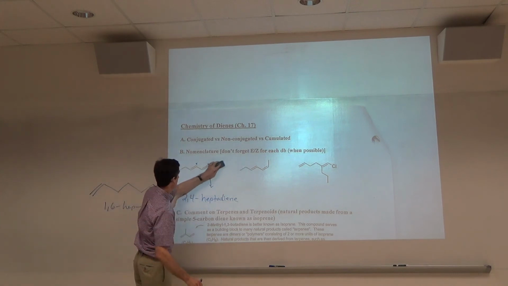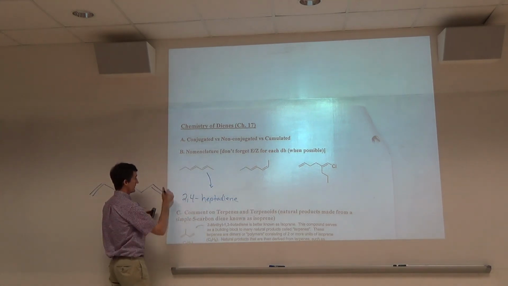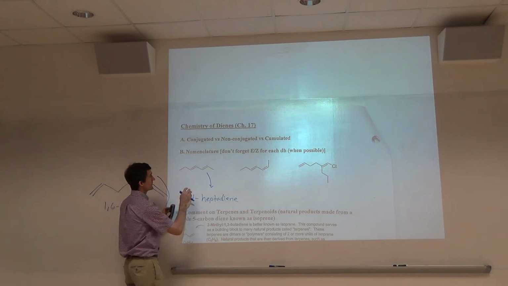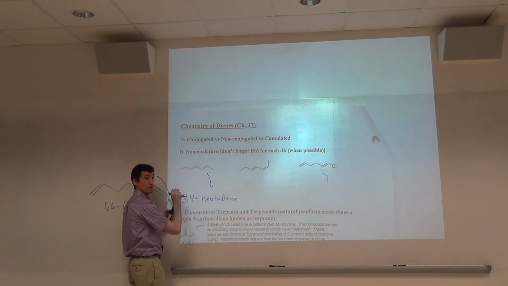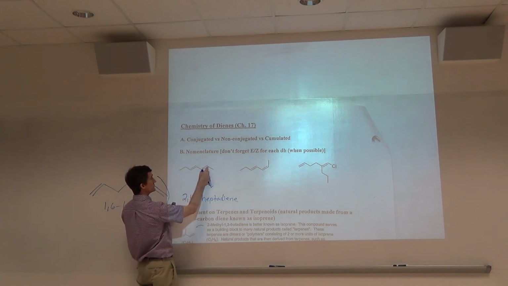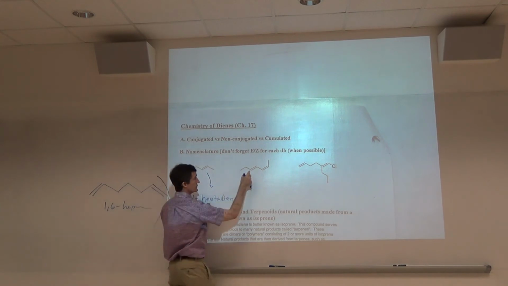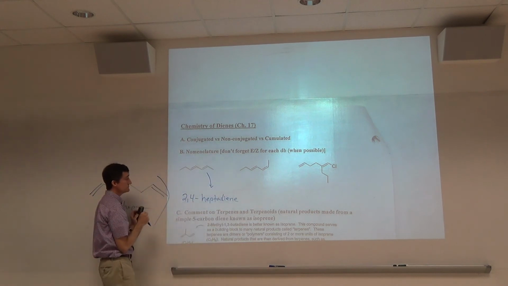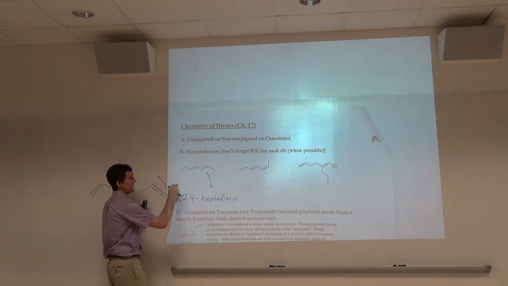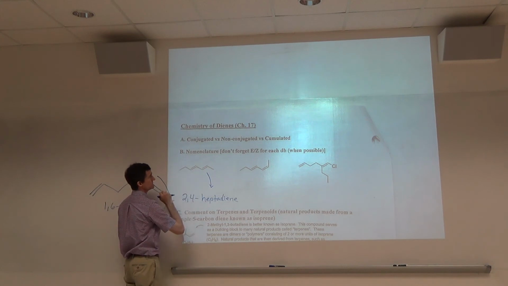What do you want to put in front of this one? Each double bond can be cis or trans. Here, this is trans-trans. This is trans-cis. So instead of using cis or trans, let's use E or Z. That's what you would use here. Each double bond here is what?